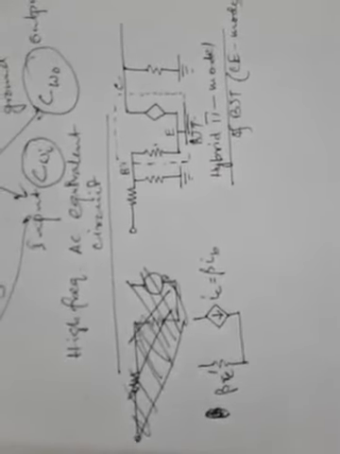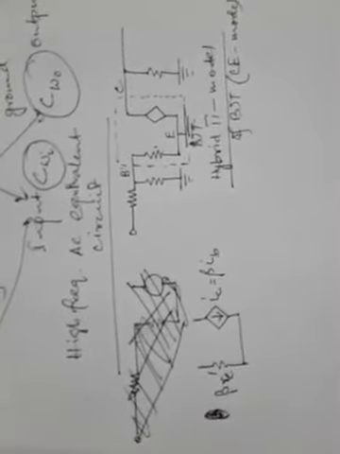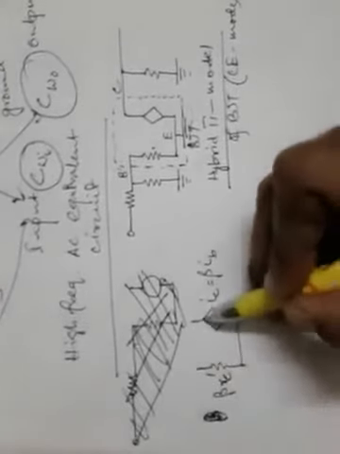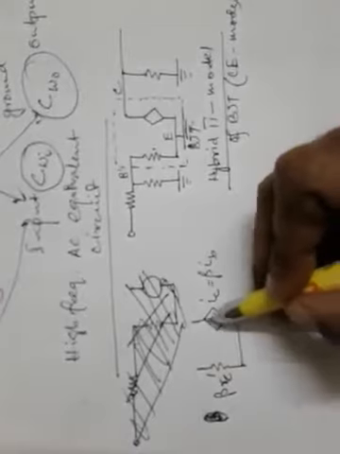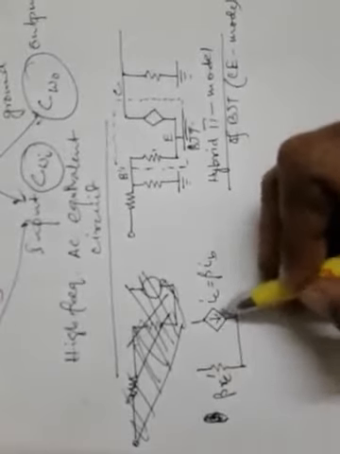That means they are AC quantities, and beta will be beta AC, not beta DC. This current source is shown in a diamond shape, not a circle.